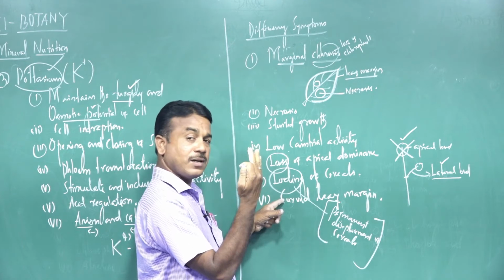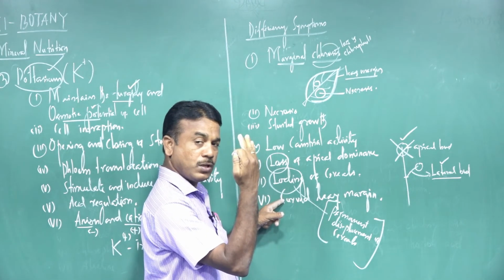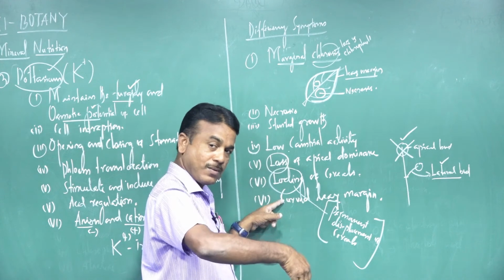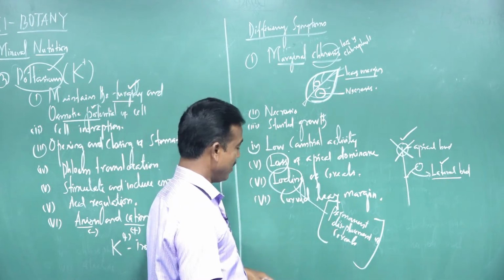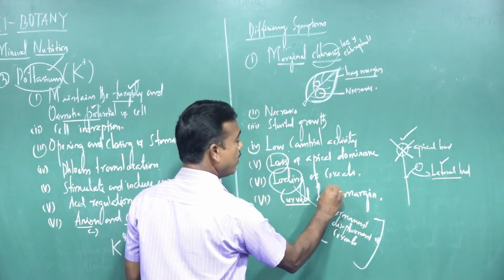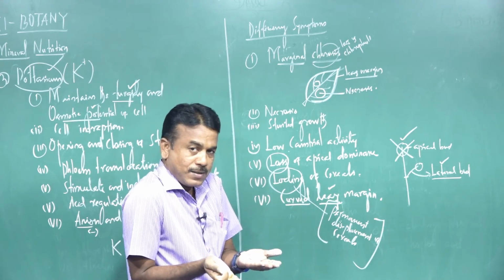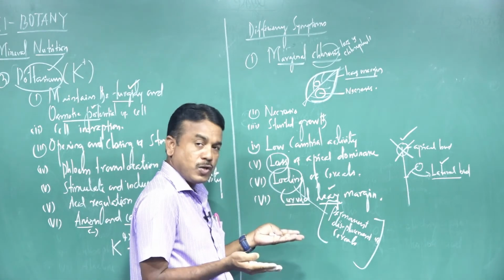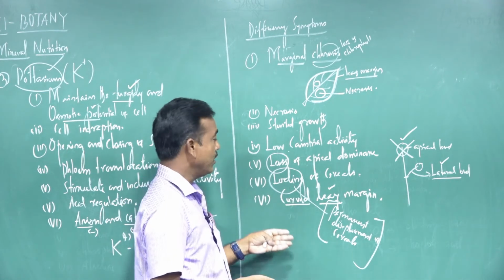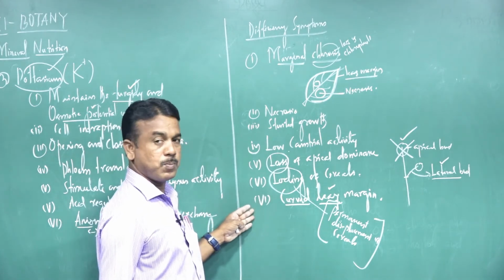With the deficiency, the vertical growth falls down. That is permanent displacement. Then curved leaf margin: the leaves are generally exposed to sunlight, and due to deficiency the leaf margin becomes curved. These are the symptoms of potassium deficiency.